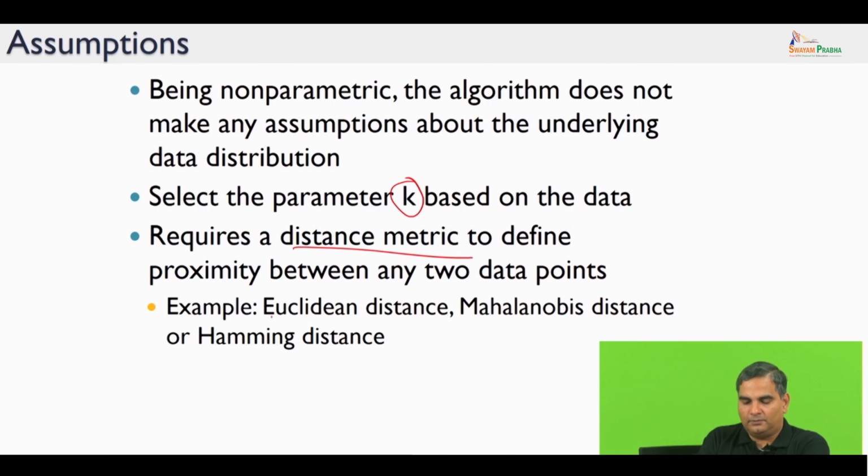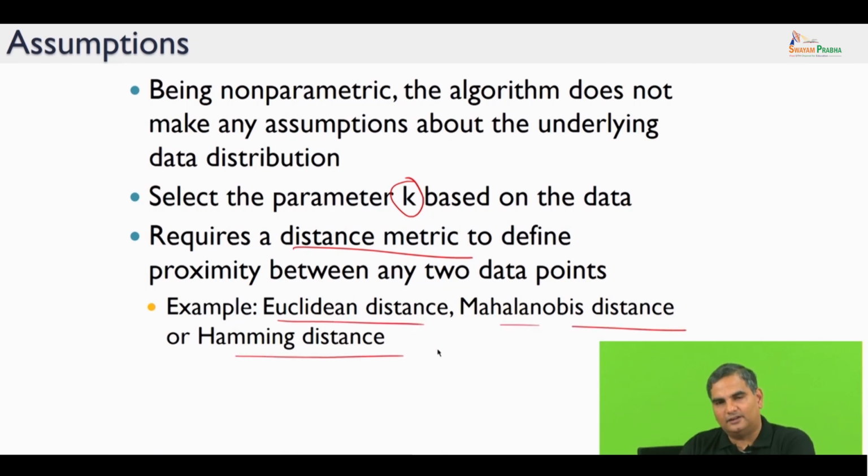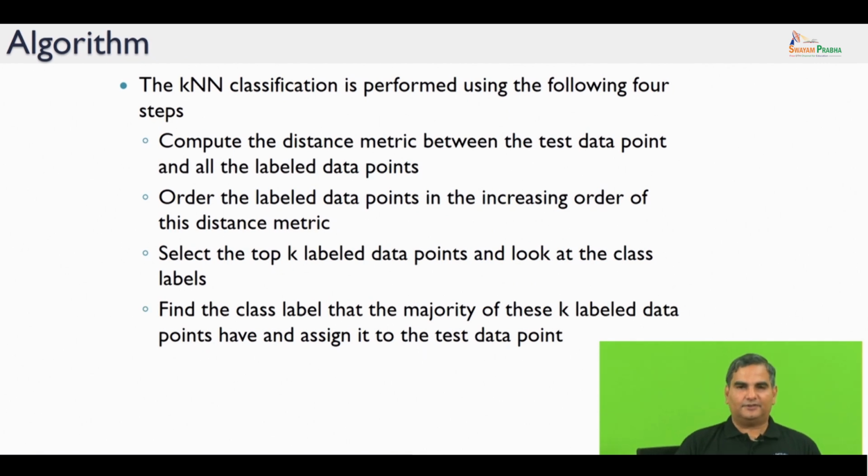The distance metric could be Euclidean distance, Mahalanobis distance, Hamming distance, and so on. So there are several distance metrics that you could use for k nearest neighbor. In terms of the algorithm itself, it is performed using the following 4 steps. Nothing is done till the algorithm gets a data point to be classified.